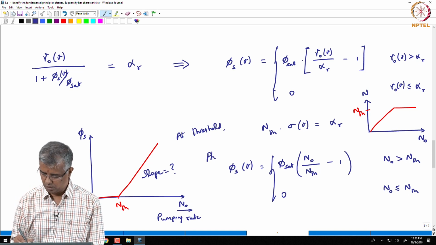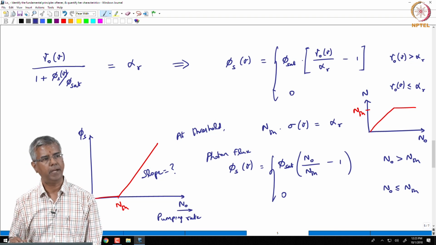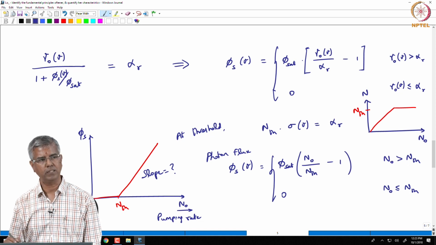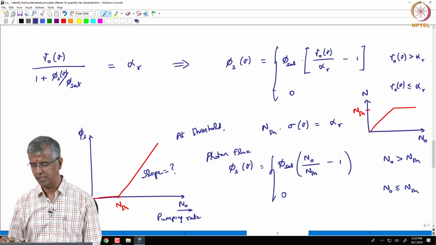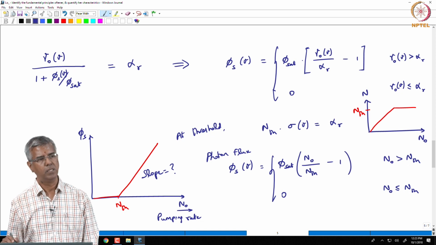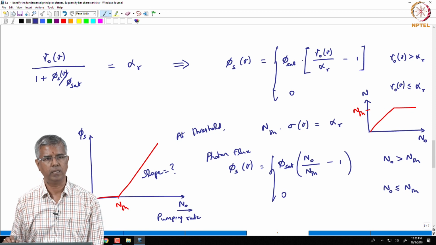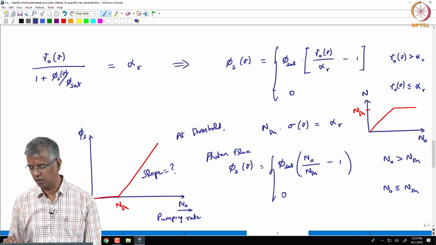So, this is the photon flux from the cavity and or within the cavity, and for that photon flux we came up with an expression where we said it is phi sat multiplied by n naught over n threshold minus 1, where n naught corresponds to the small signal inversion and n threshold corresponds to the inversion required for achieving the lasing condition.